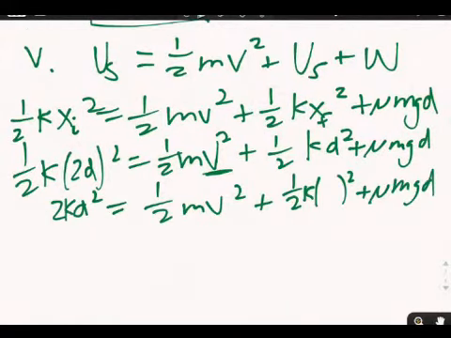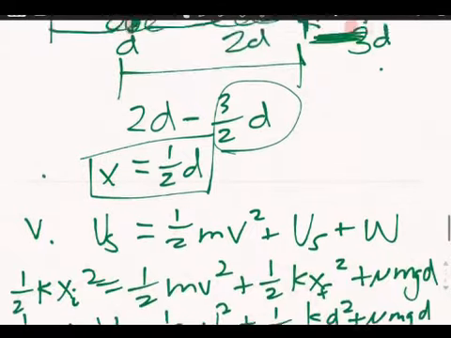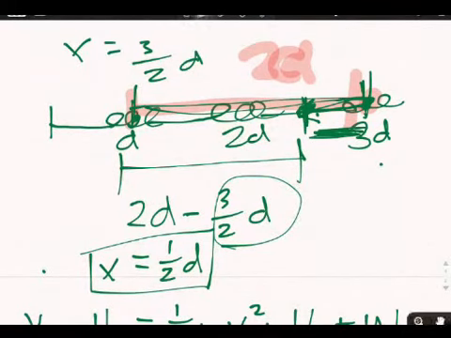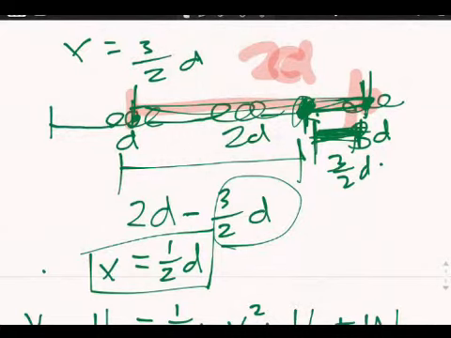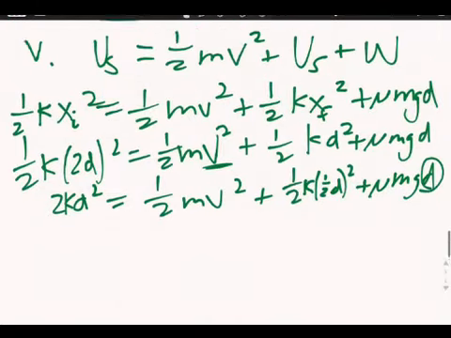The distance that it was compressed would be 1/2 d. And then we need to plug in the distance that it actually moved. If we look at our picture, the distance it moved was 3/2 d. So the position is 1/2 d, and that's how far it's technically stretched, or compressed, I guess stretched in this case. But it actually moved 3/2 d away from the 2d mark.